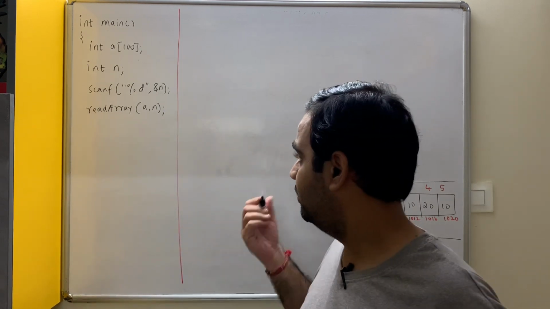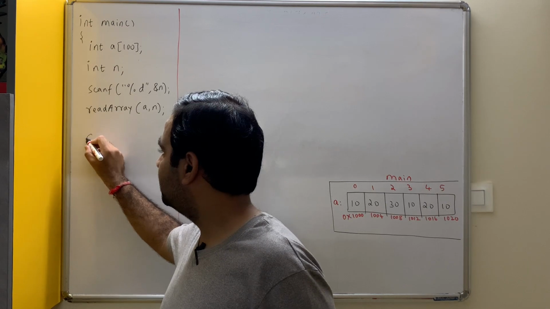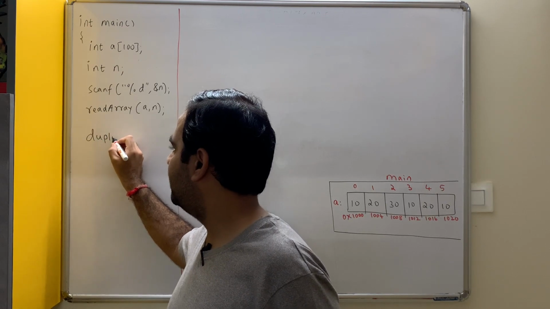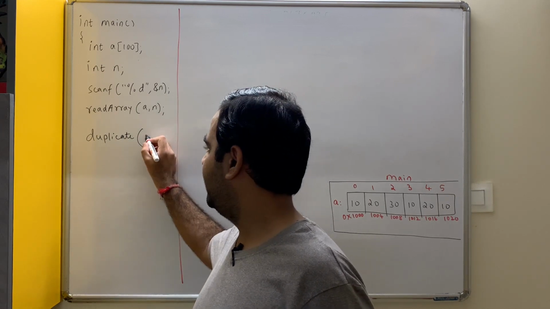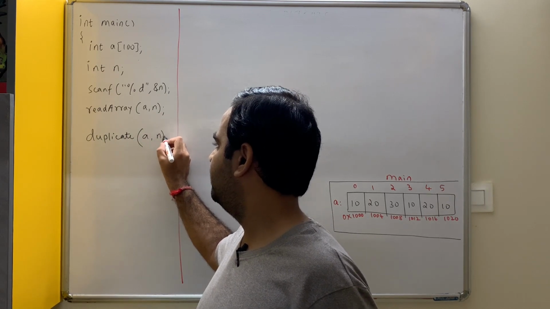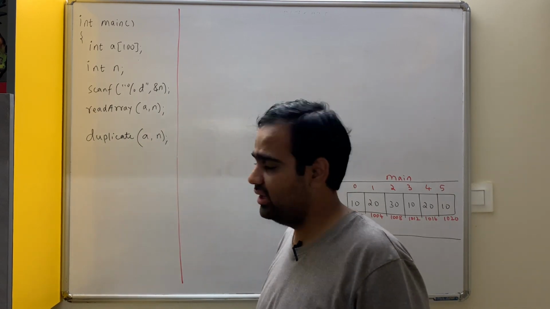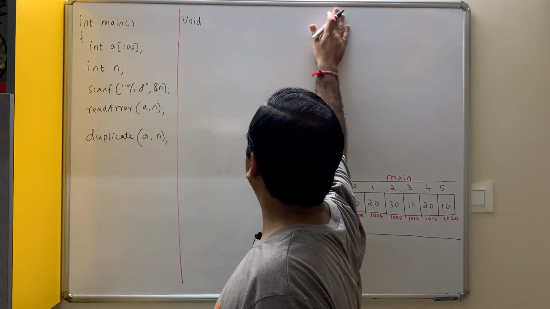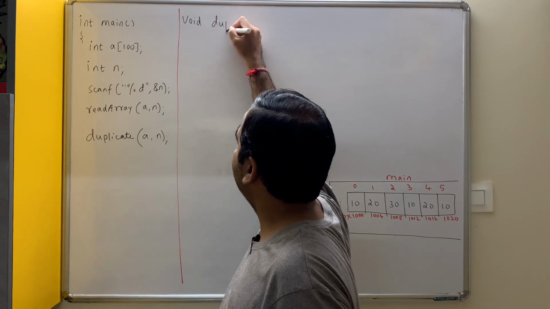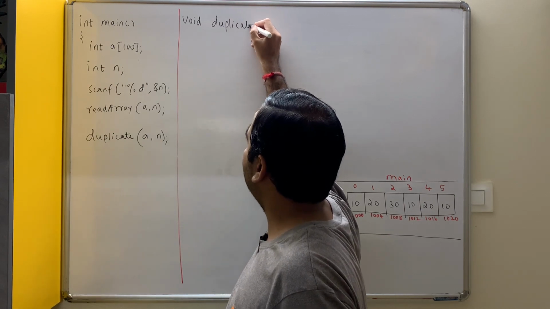Anything is perfectly okay. Let's write one function called find duplicate, or I just say duplicate, of which array? Of array A, of how many array elements? Of n array elements. Now I write here void. What is the function name that I have taken? Duplicate. What is the first parameter?